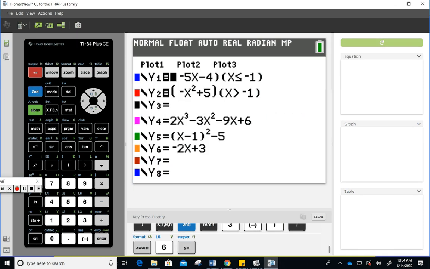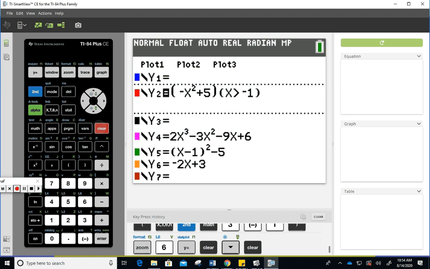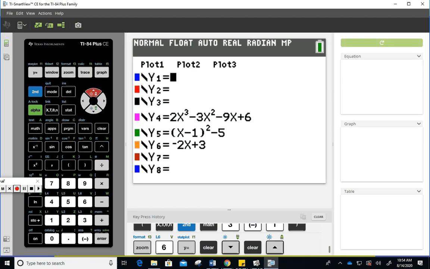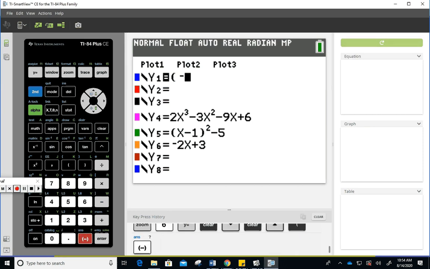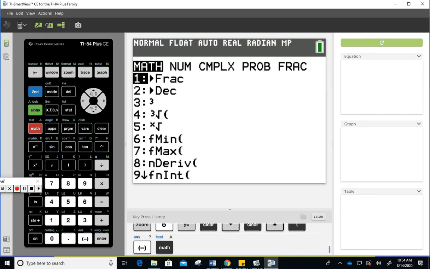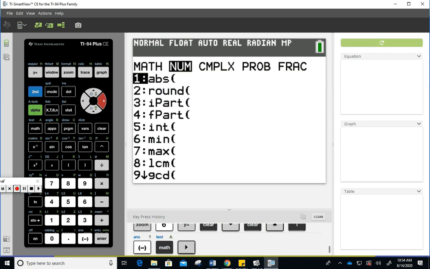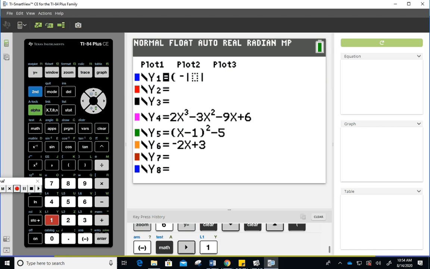So y equals, let me just clear these out. All right, so my first piece of the graph is the negative absolute value. So I need to go negative. And then if I go to my math menu, I'll find my num menu, and I'll go to the absolute value option. So there's my absolute value bars. X plus 4 goes in there.